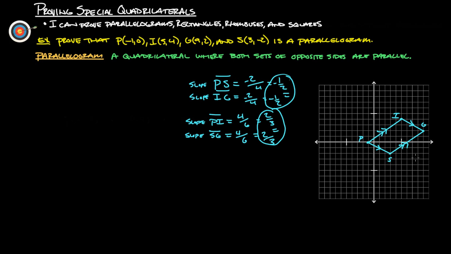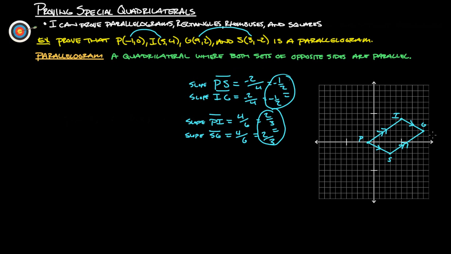Another way you could do this without graphing is to go through it in order, P to I to G to S. We'd go with the first and the second together, and then the third and the fourth together.